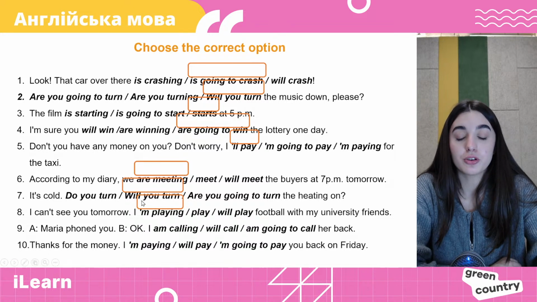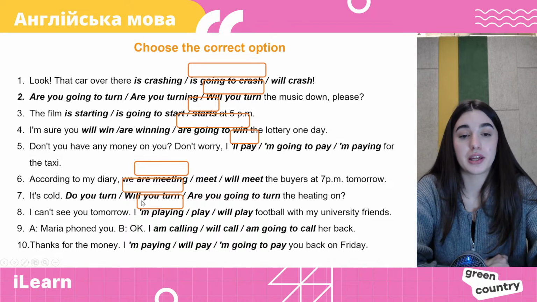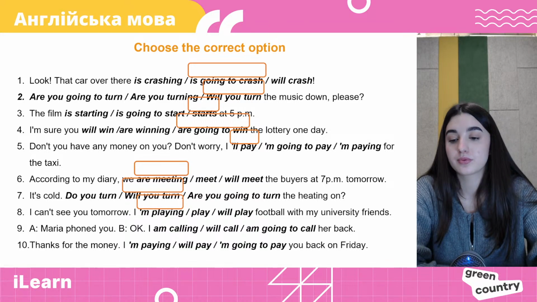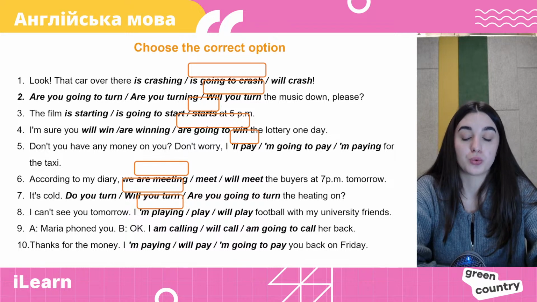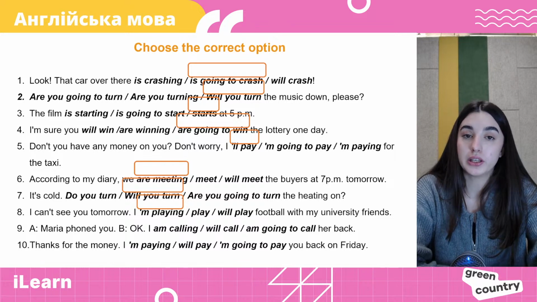It's okay for you just to practice and you won't have any mistakes. So, number 9, Maria phoned you. Okay, I'm calling, I will call, or I'm going to call her back.